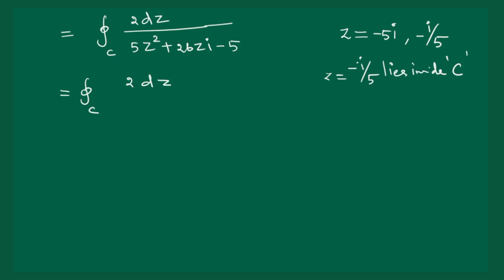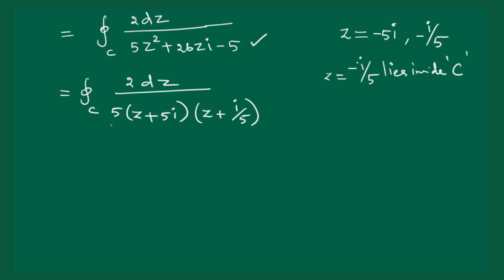So this can be written as 2 dz by, since the coefficient of z square is 5, we have to take 5 outside, and the roots are minus 5i and minus i by 5. We can write the factors as (z plus 5i)(z plus i by 5). If you multiply these terms, we will get the quadratic equation.